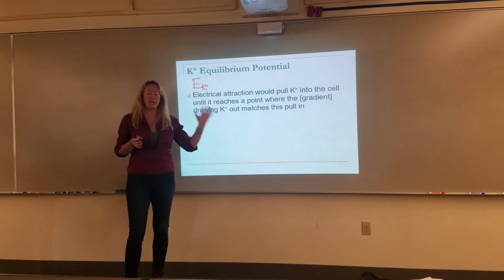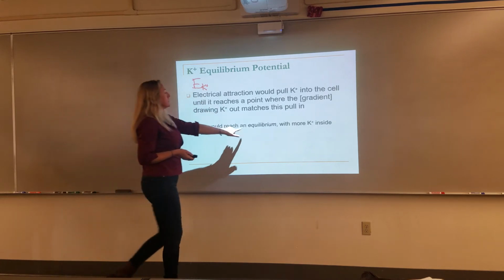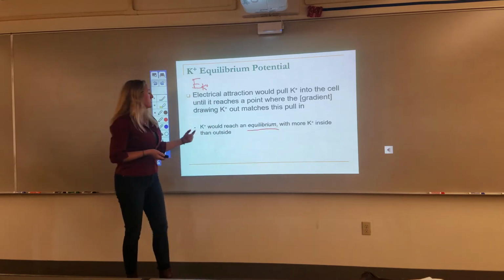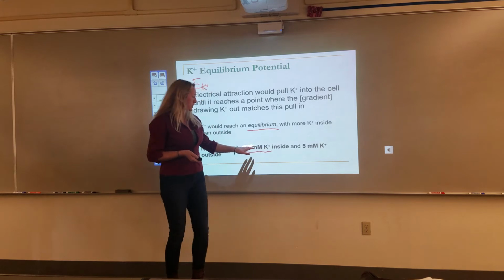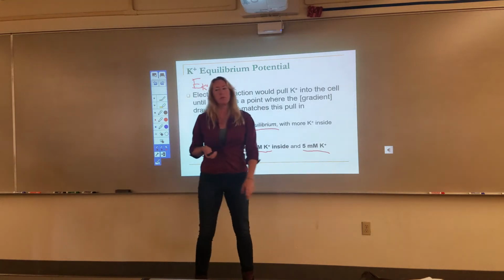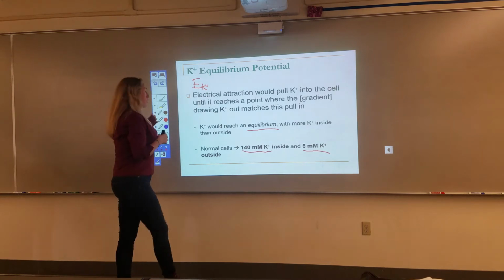That happens at minus 90 millivolts. So potassium reaches this equilibrium with more potassium inside than outside. Normal cells have 140 millimolar potassium inside and 5 millimolar potassium outside.